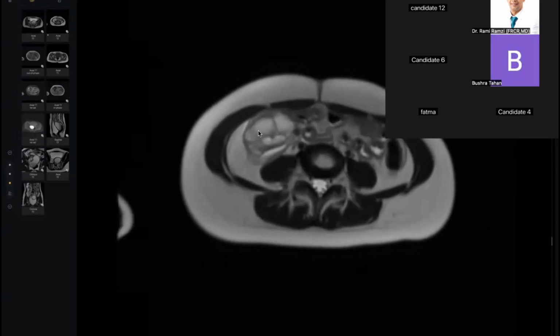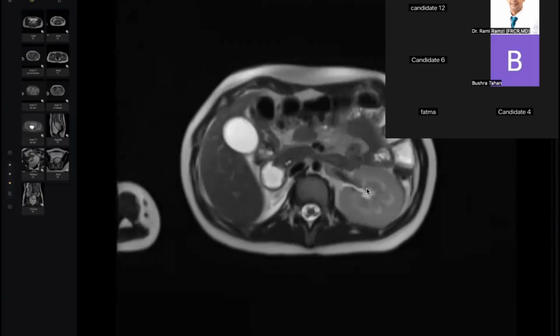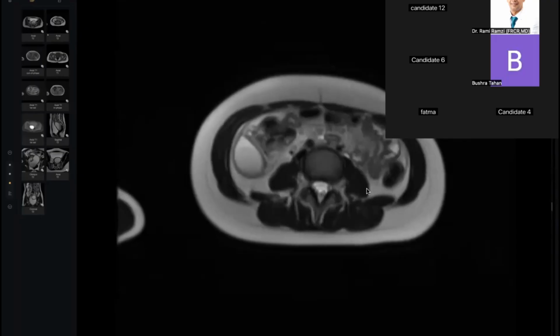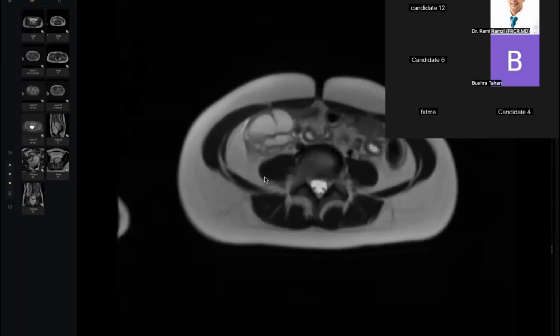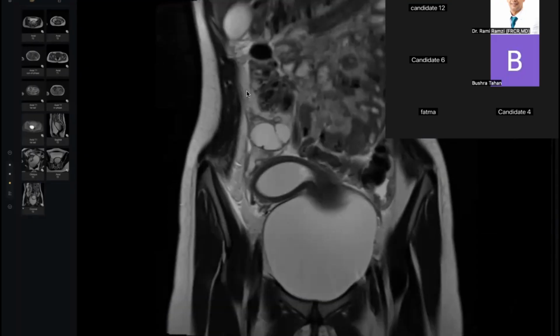There are cystic lesions here. What is this? This is the left kidney. Where is the right kidney? The right kidney is replaced by these cystic lesions. So this is a multicystic dysplastic kidney on the right side.